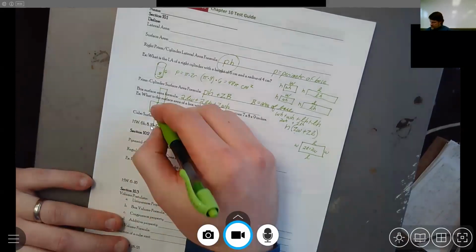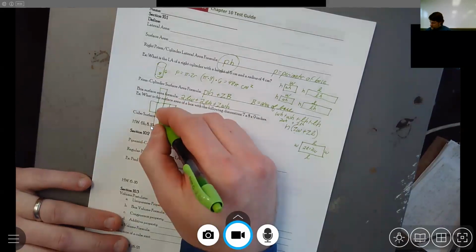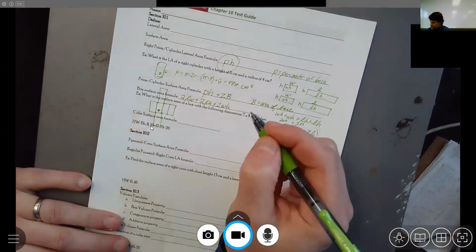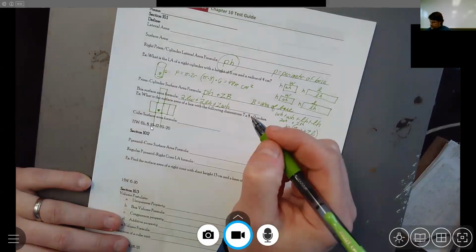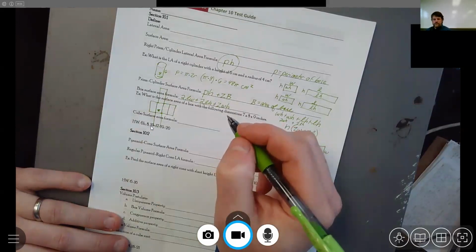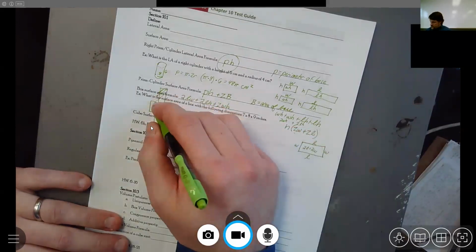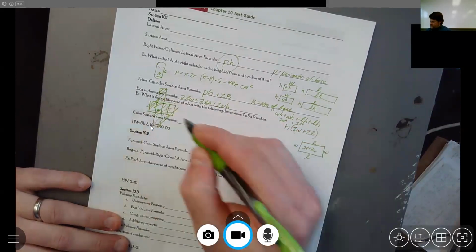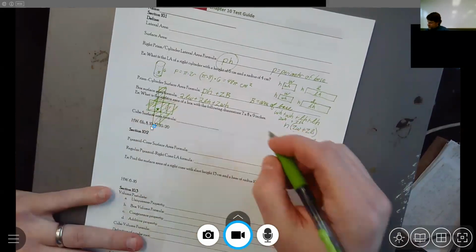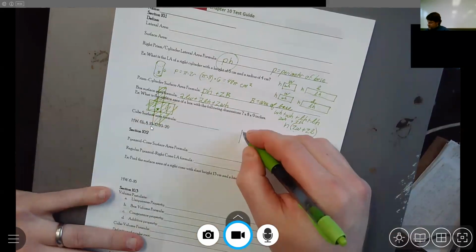Okay, so if this is my base right here, the very bottom of my box, I didn't do that right. Ignore picture. Let me draw it over here.